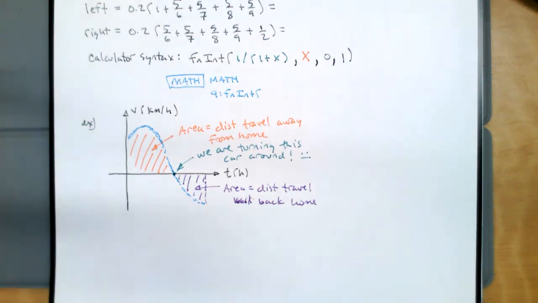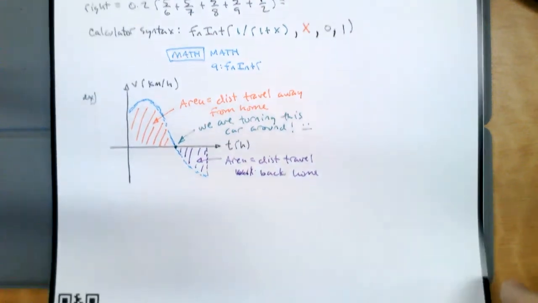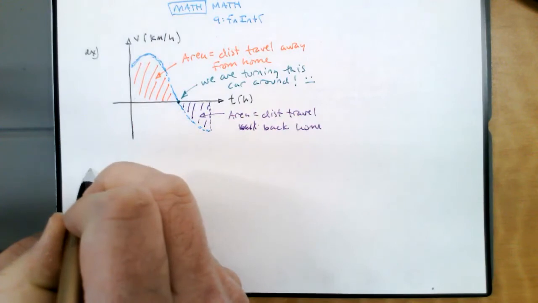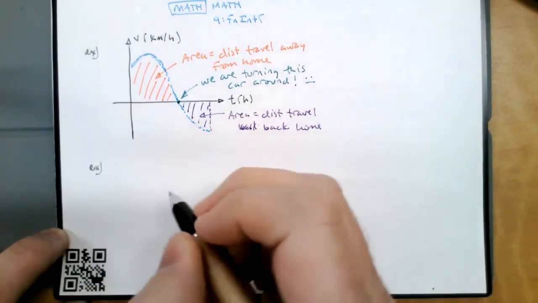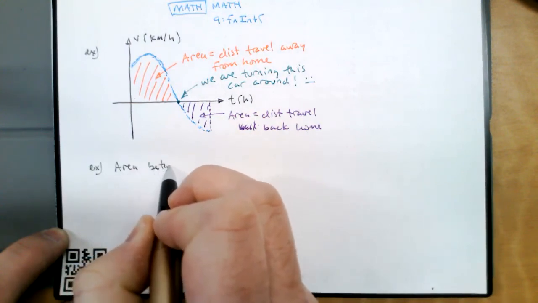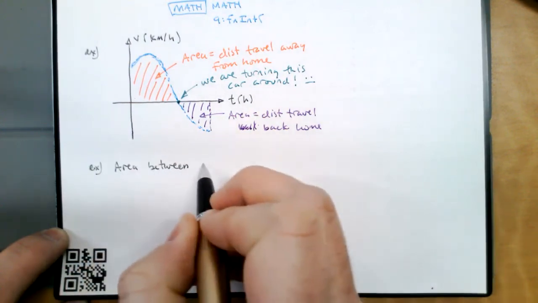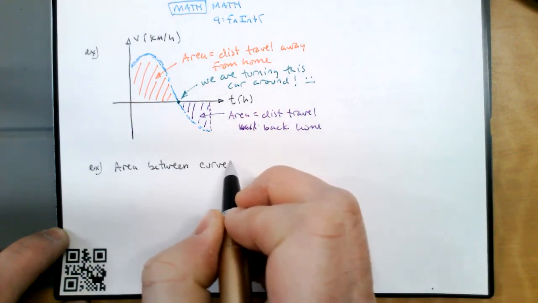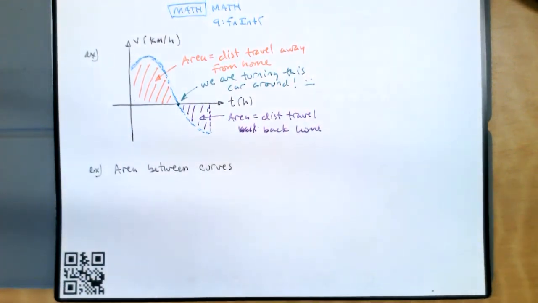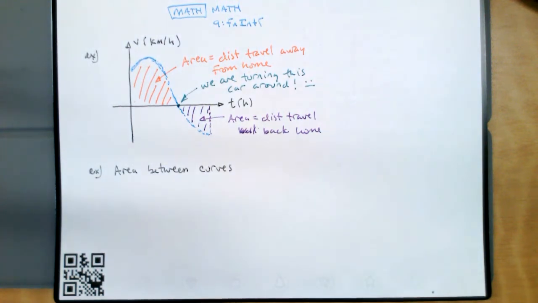Okay, yeah. So if you want to find the area between the curves, what you got to do is find out where they are the same. So if you want to find the area between the curves, what you got to do is first figure out where the curves intersect.